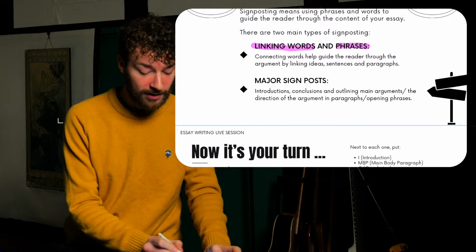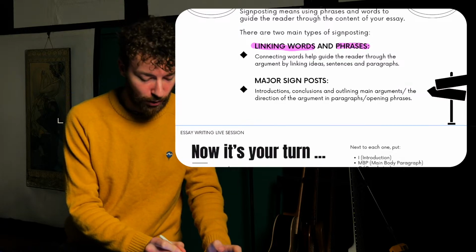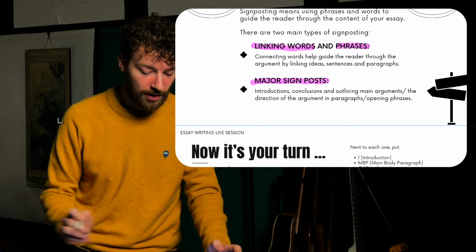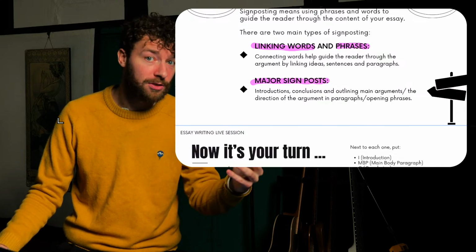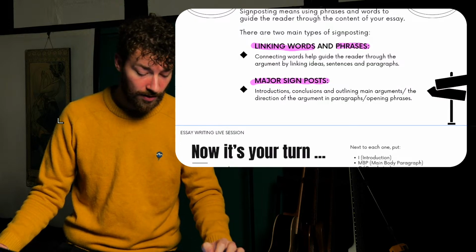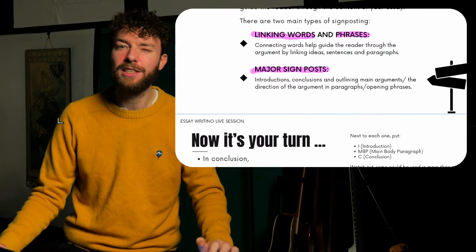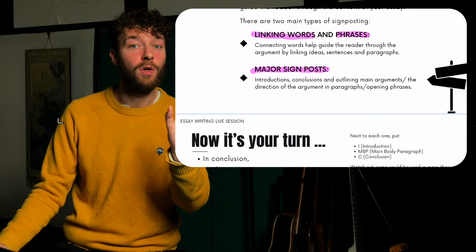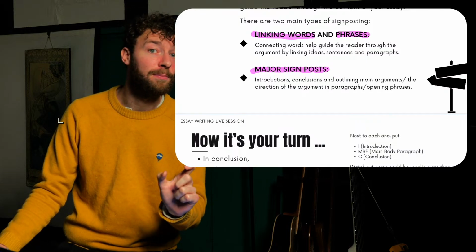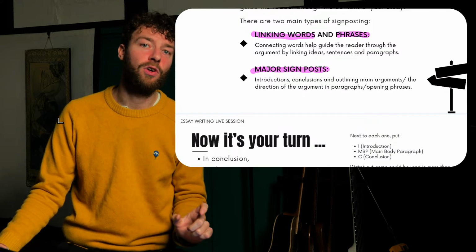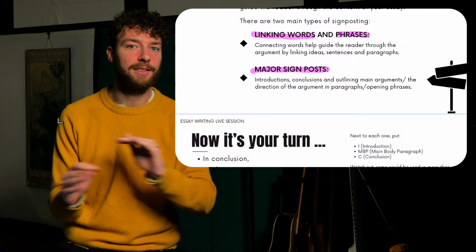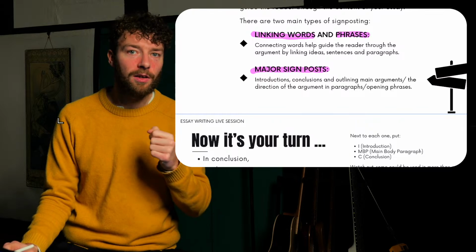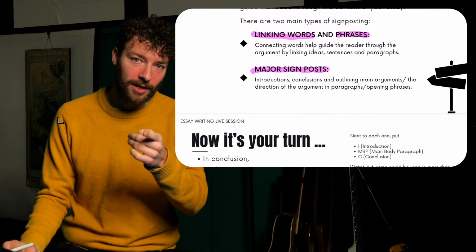The other one we have is what I'm going to call major signposts. These are things where you're outlining your main arguments. So things like opening phrases, the beginning of your introduction, the beginning of your main paragraphs, the beginning of your conclusion, those are going to be big signposts to show the reader exactly where they are and also to restate what you think.